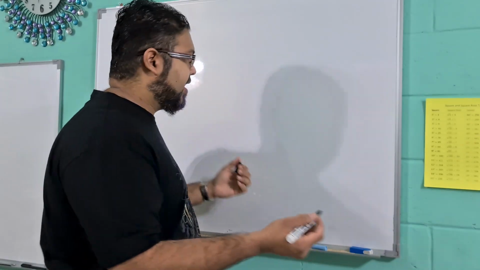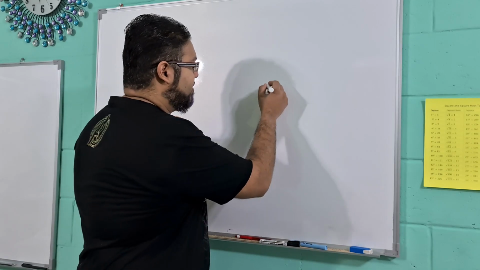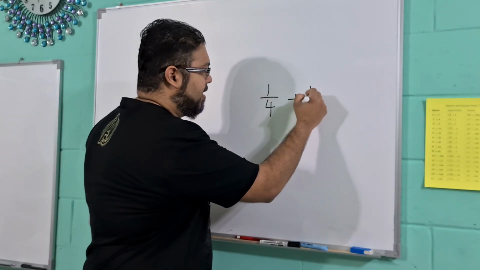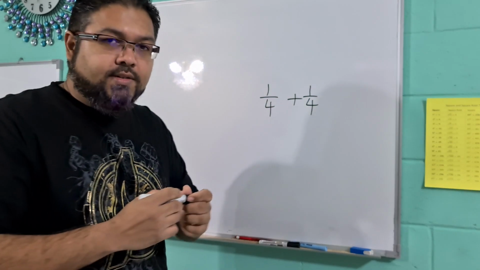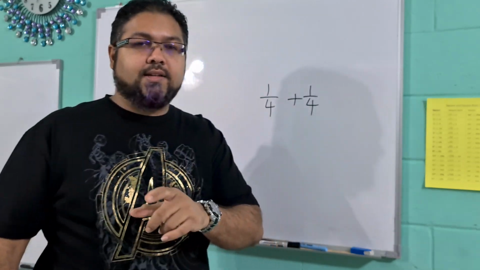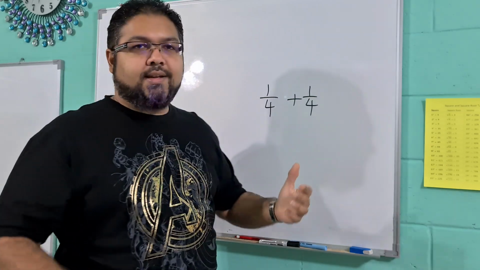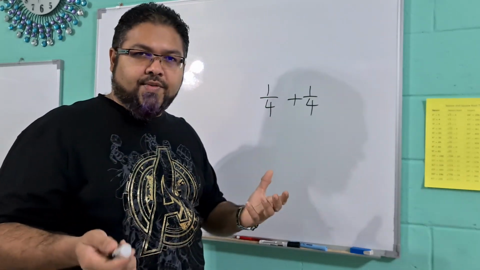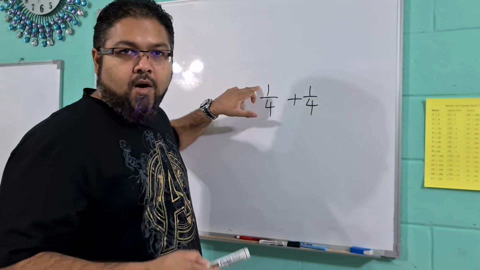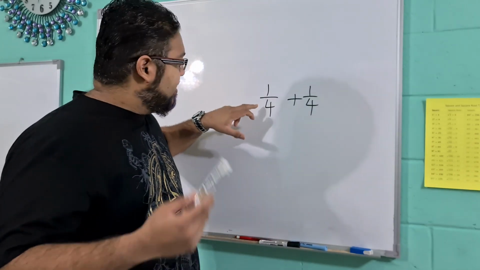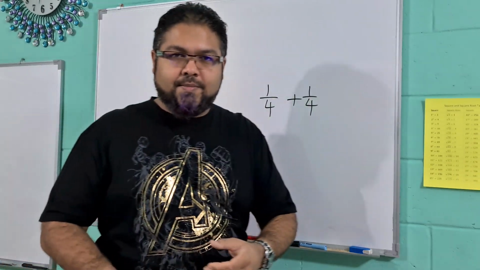For instance, if we have to add a quarter plus a quarter, this is just a review. We already did fractions in class, but for new students, any fraction has two parts: the numerator, or the top number, and the denominator, or the bottom number.